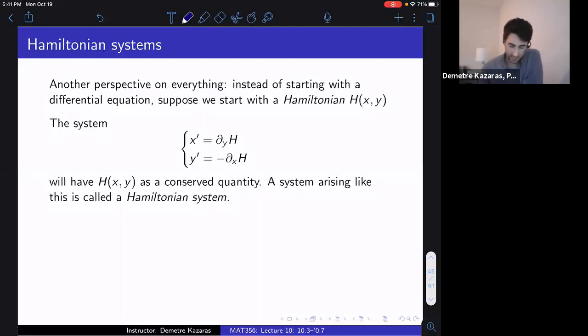Again, this right-hand side you can think of as that matrix 0, 1, minus 1, 0, acting on the gradient of H. So that will have, built into this construction, H is conserved along solutions.